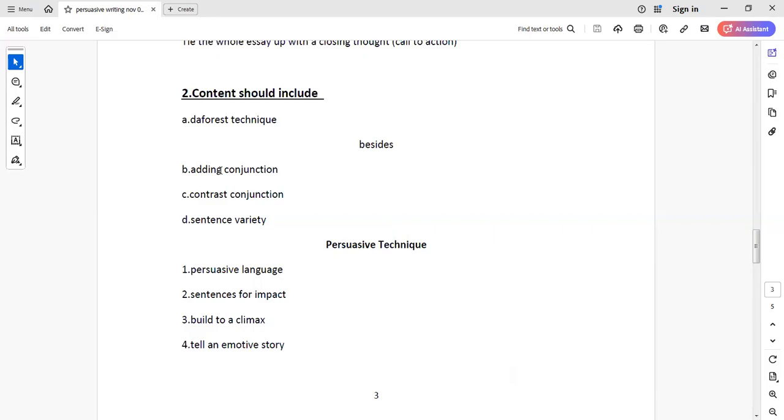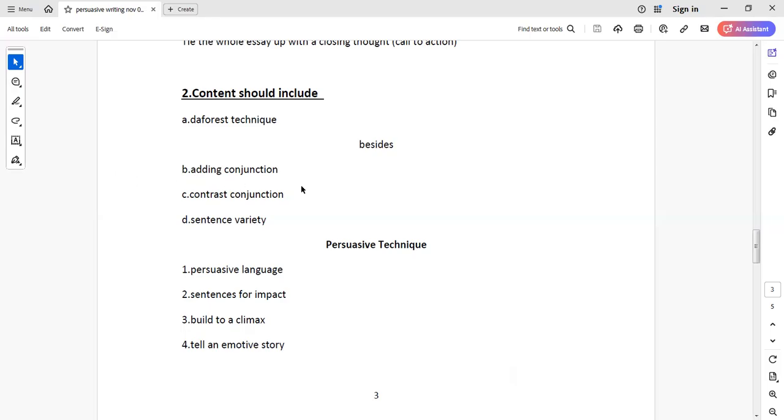Don't forget the sentence variety when you are writing. You should think about sentence variety using compound sentences, complex sentences, compound-complex sentences, and don't forget the sentence openers, the sentence starters, not to use one way, saying he, or she, and she. No, you should vary from one sentence to the other. You have to vary your starters.